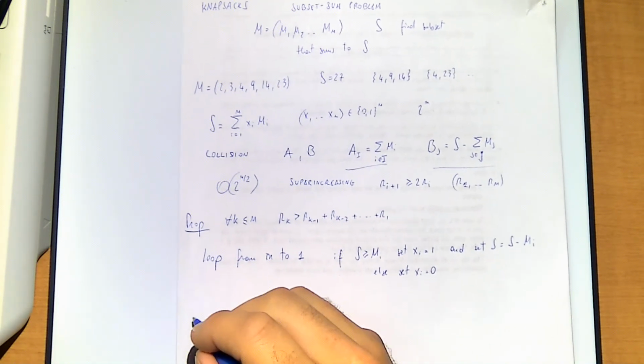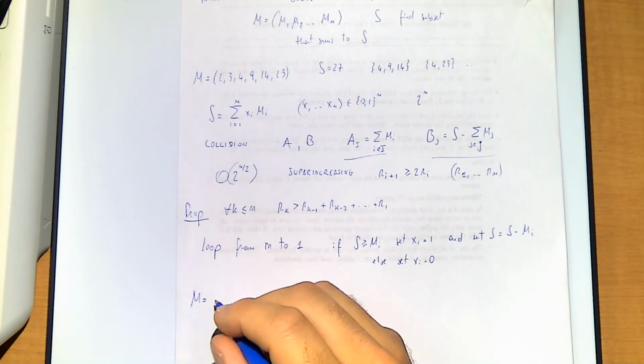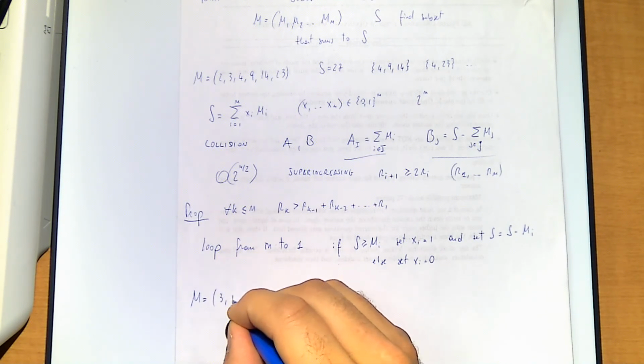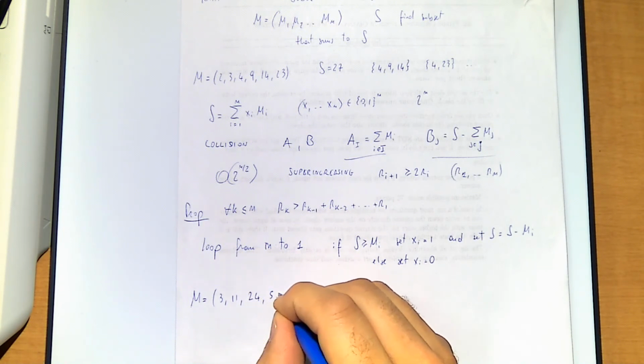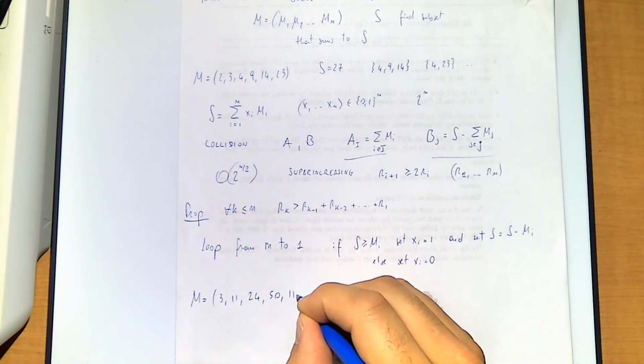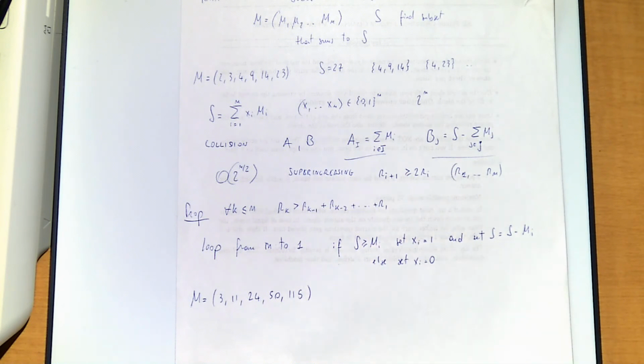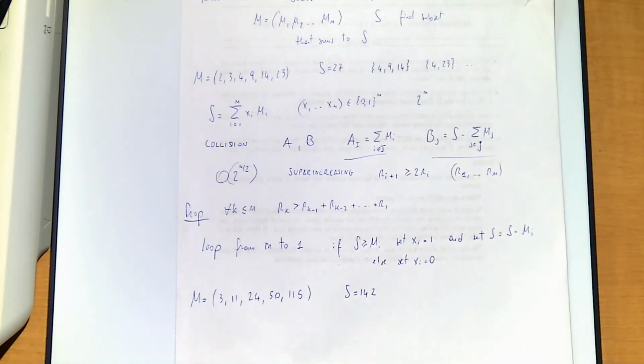Right? So let's set m to be 3, 11, 24, 50, and 115. You can see that this is super increasing according to our definition, because every element is bigger than double the previous one. Okay. So now if I ask you s equal 142, you're going to say, okay, let's start from the end.